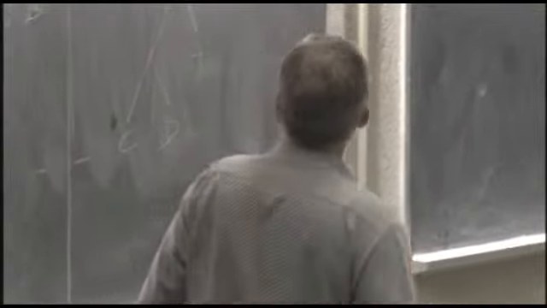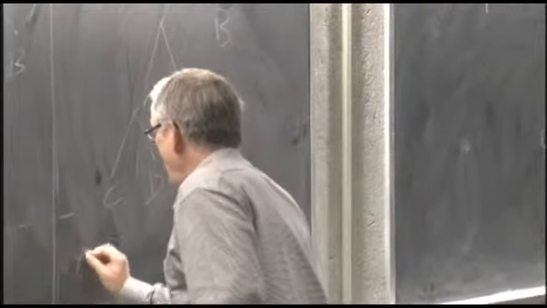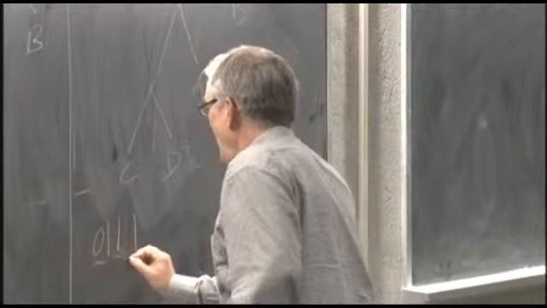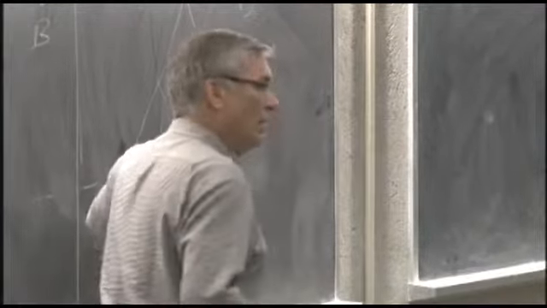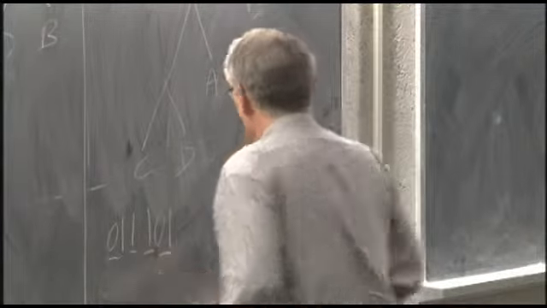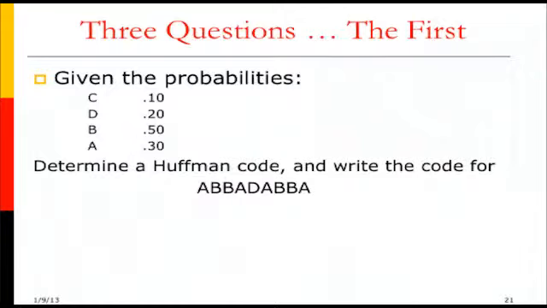And so if we do this, we get ABBA. And then we get D, which is 0, 0, 1.